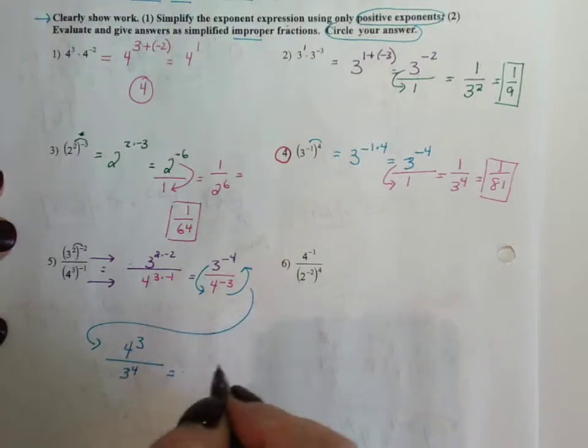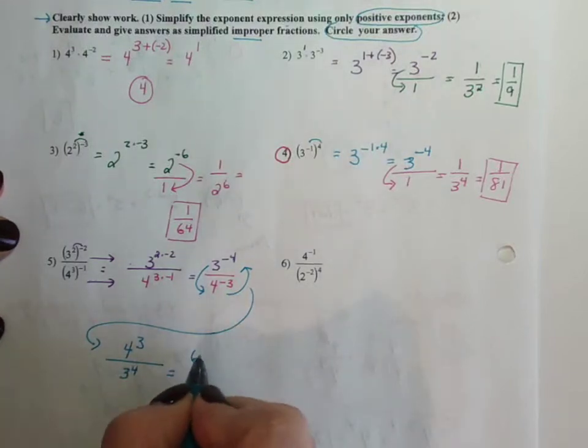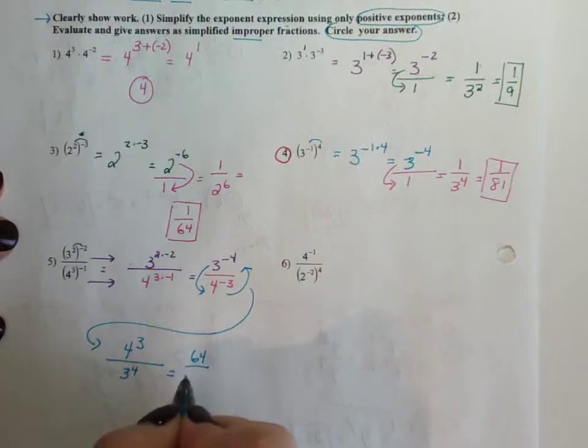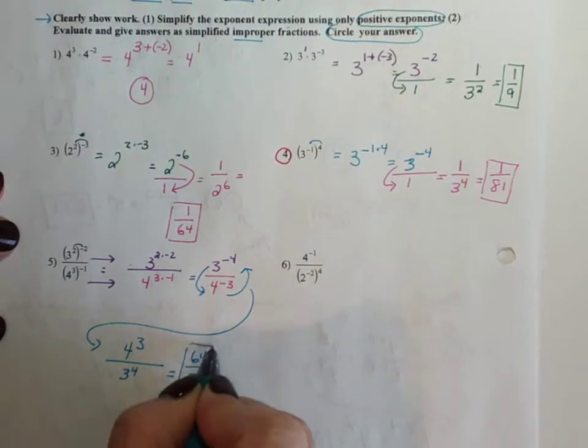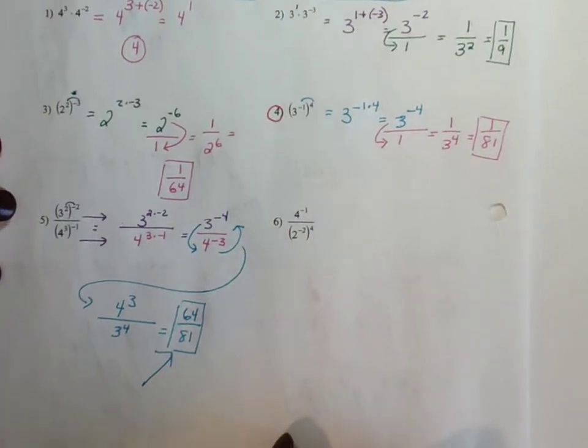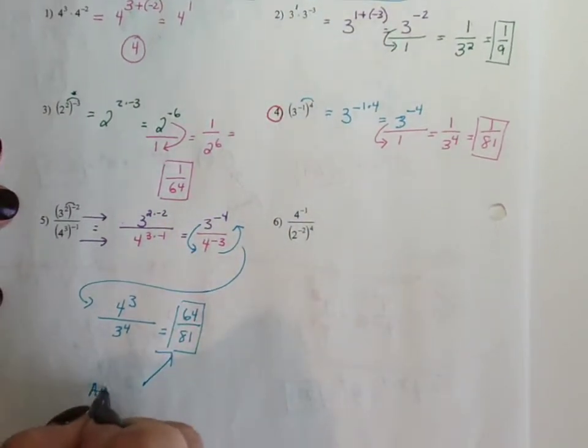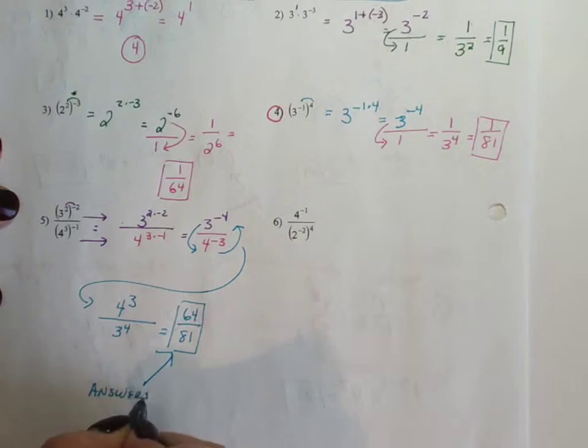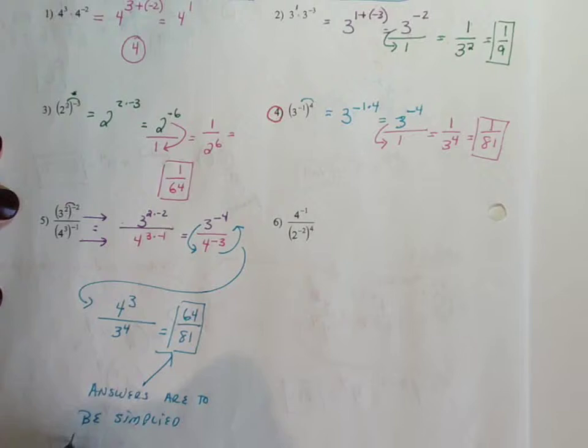And here we simplify it. 4 to the 3rd is 64. 3 to the 4th is 81. And I can't do anything to simplify it. Answers are to be simplified improper fractions.